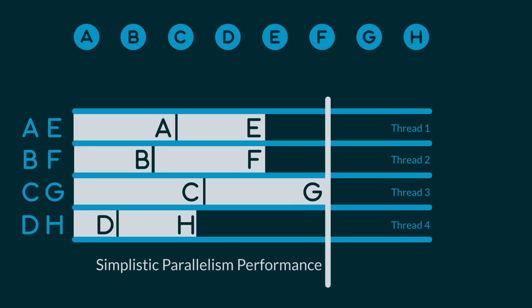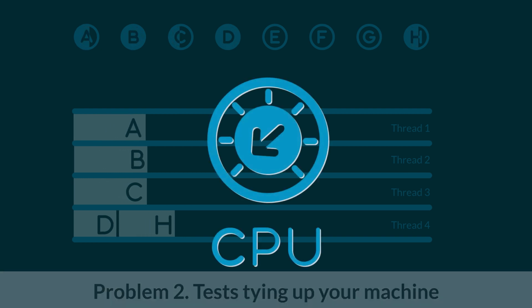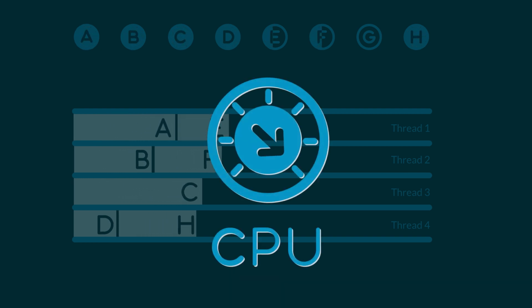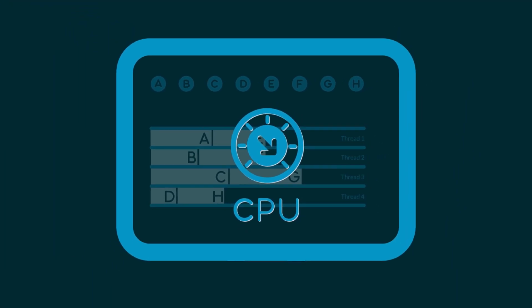A more intelligent approach would be to give each agent a similar workload, making the total test time as fast as possible. Secondly, if all of those parallel tests are running on your machine, you and your machine may not be able to do anything else. The biggest problem, of course, is that you're limited to the resources of a single machine.